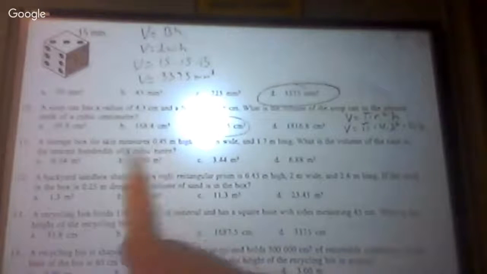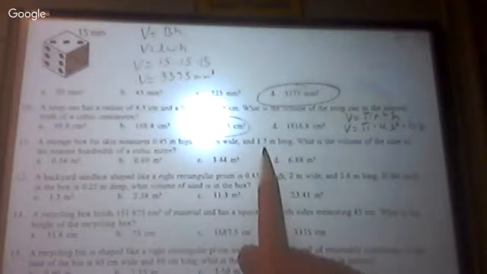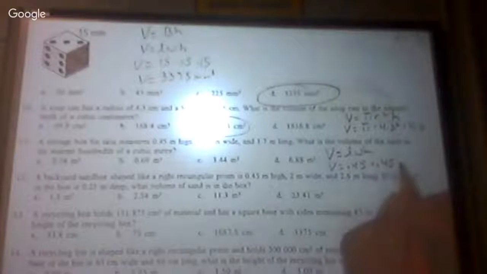Number 11, a storage box for skis. This is a box that measures almost a half a meter high, a half a meter wide, 1.7 meters long. What's the volume? So the volume here is LWH. So the volume equals 0.45 times 0.45 times 1.7. So we just have to multiply that.